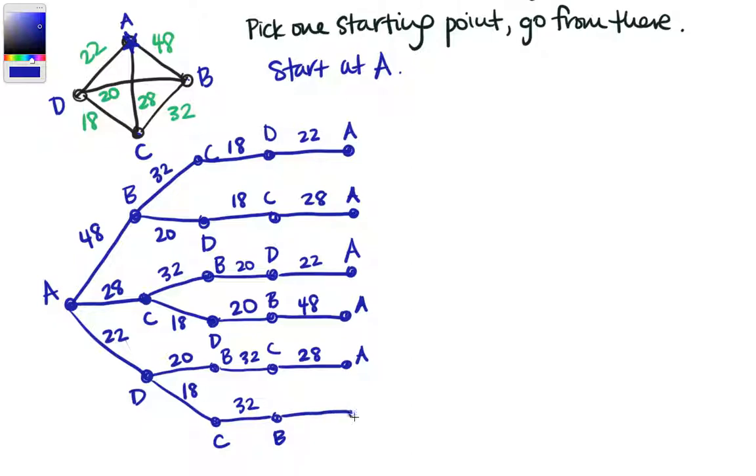And then to complete the circuit, we always go back to A. From B to A, that edge has weight 48.